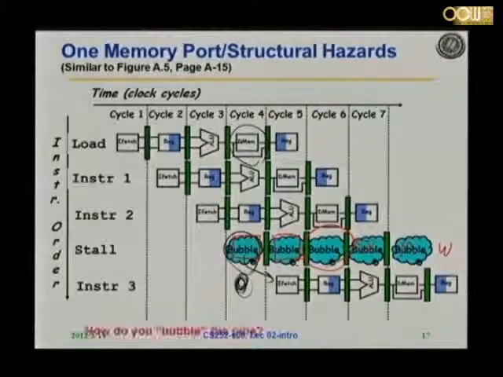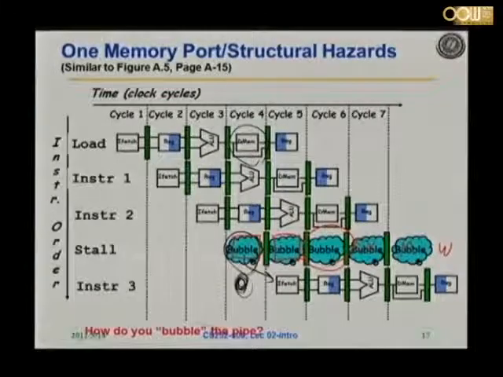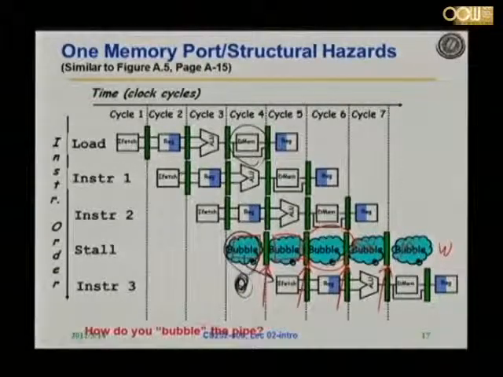Okay? So how do you bubble the pipeline? It's easy to talk about it, but how do you do that? The answer is, again, very easy. As long as I don't let things happen, then it's the same as I have inserted a no-op.